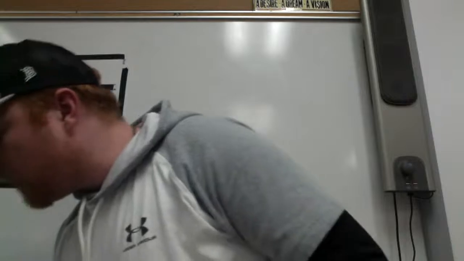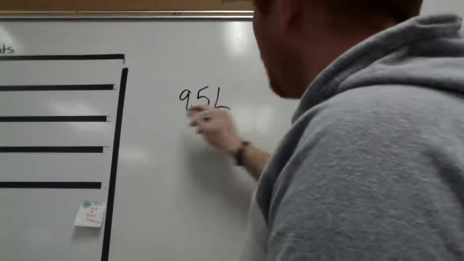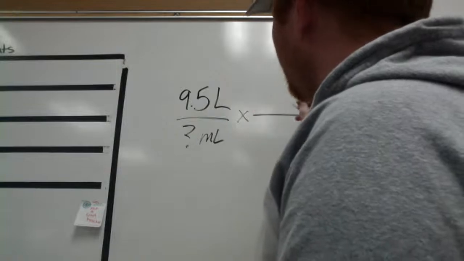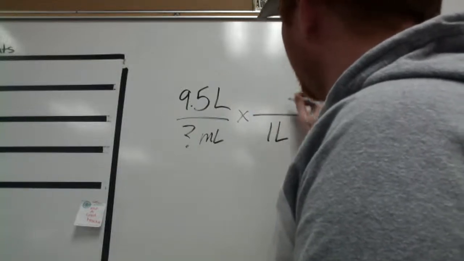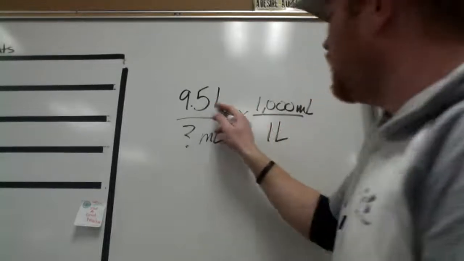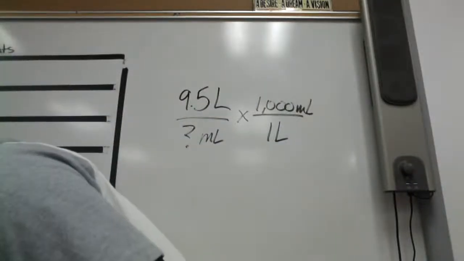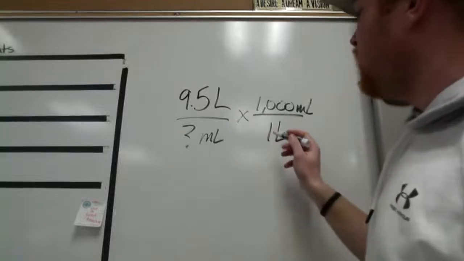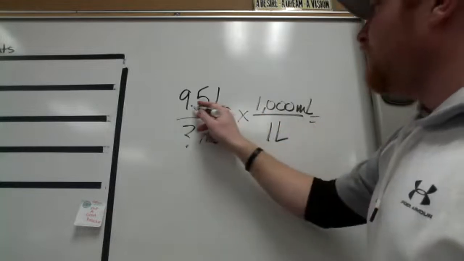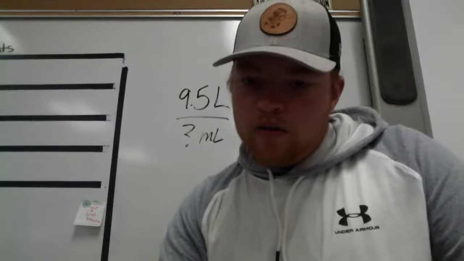If we have 9.5 liters and we don't know milliliters, in 1 liter there's 1,000 milliliters. So we just cross multiply, or we don't even have to cross multiply and divide. We just multiply across. So what's 9.5 times 1,000? And that'll be your answer, Kendra.